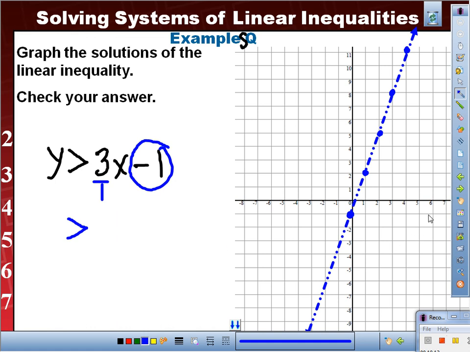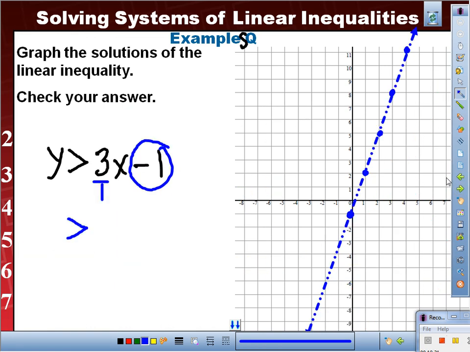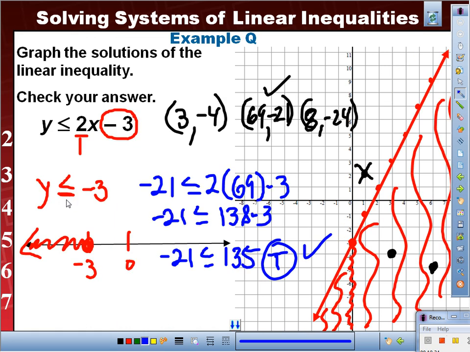All right, let's see. Mel, what's the difference between this one to this one? When it has the equal sign, solid line, but why? What does that mean? It could be equal to, or that we can use all the points on the line. Let me repeat that again.